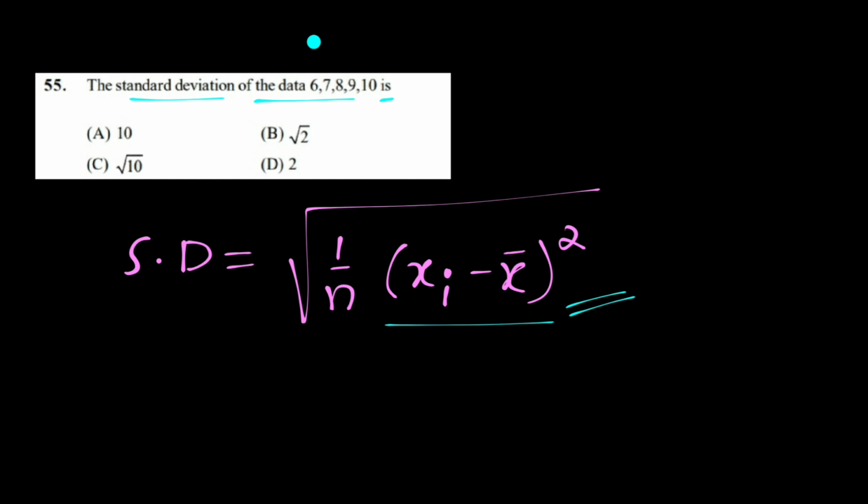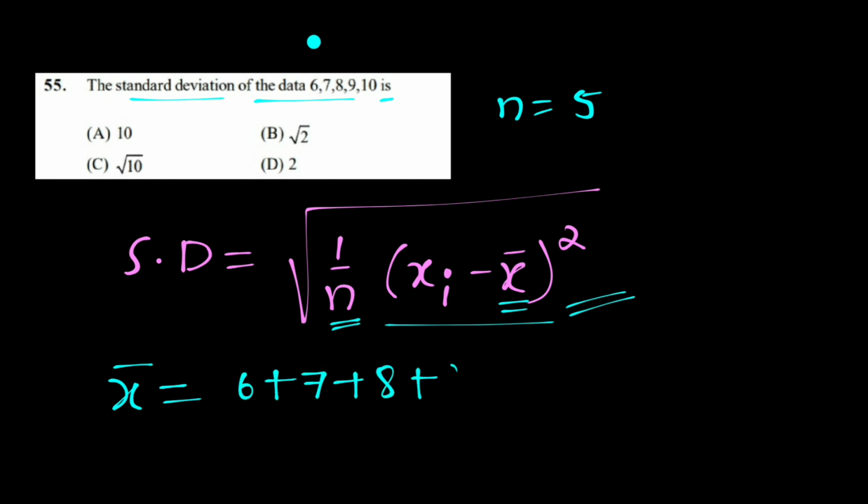N is the number of values here, n is equal to 5. Next, we have to find the mean x bar, which is the sum of total terms 6 plus 7 plus 8 plus 9 plus 10 divided by the number of terms, that is 5. If you simplify, you will get 8.